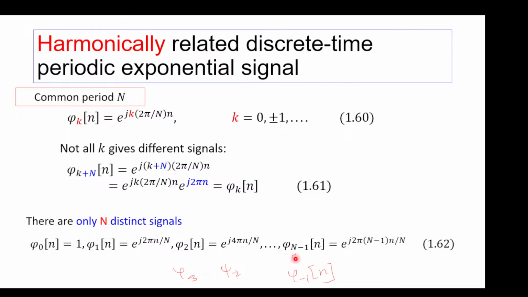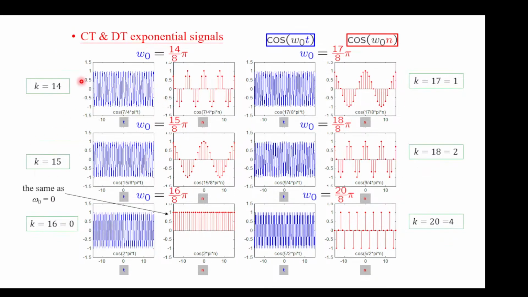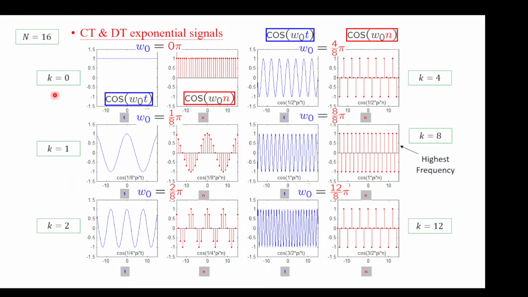You can start and finish at whatever N numbers, even negative like -1, -2, -3, but the convention is going from 0 to N-1. So here k goes from 0, 1, 2, 3 to 15, for big N equal to 16.